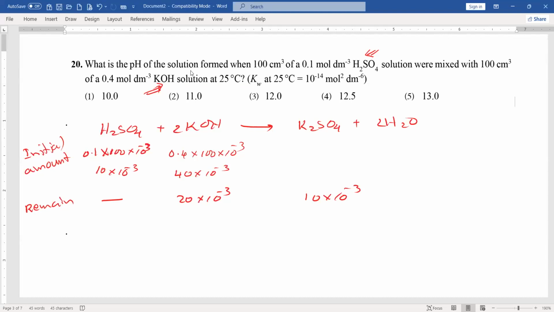Actually, if you just have that K2SO4 solution, according to the theory, we can say that the pH is 7. Because in such a case, you will get H plus and OH minus only from the dissociation of water, but not from the anion or cation available in this salt.